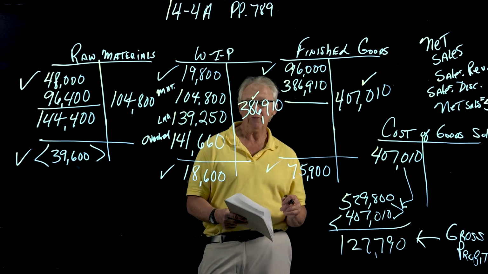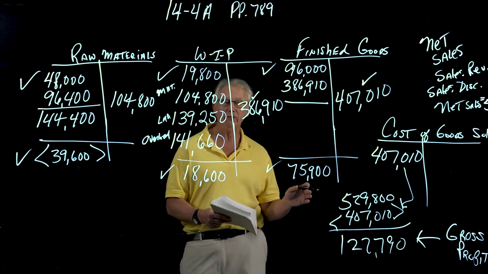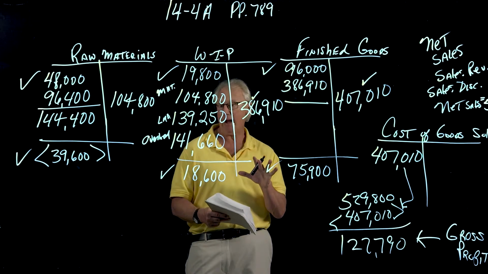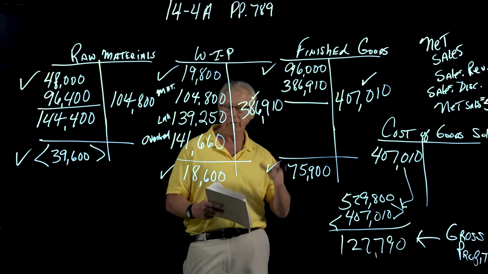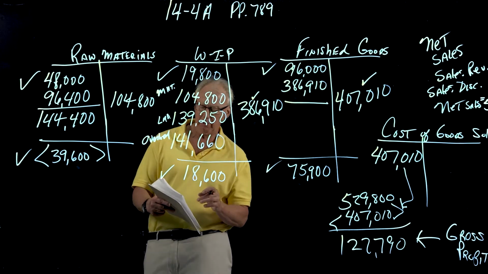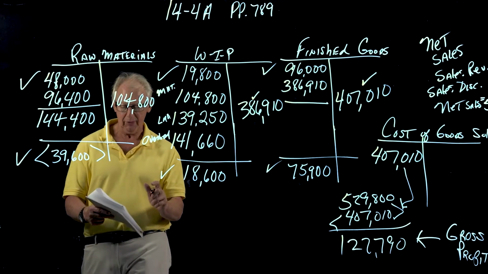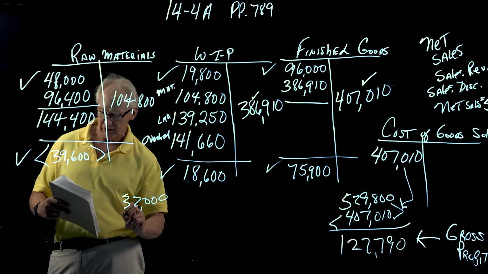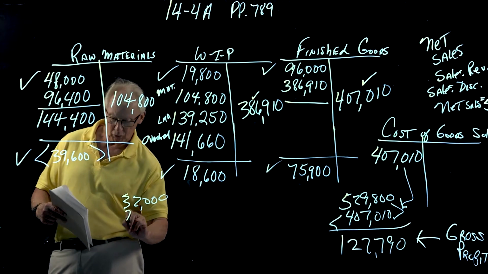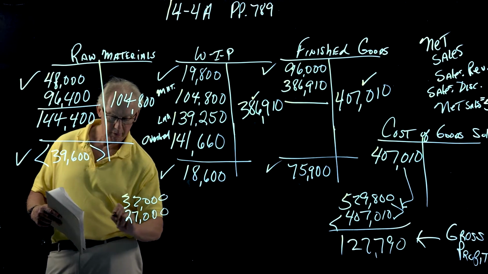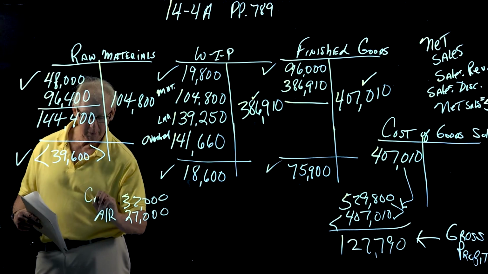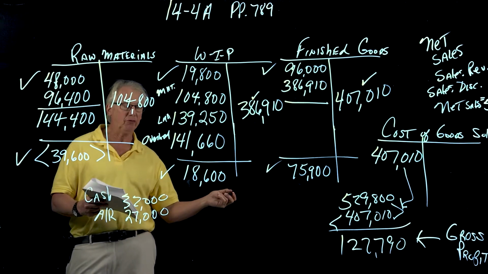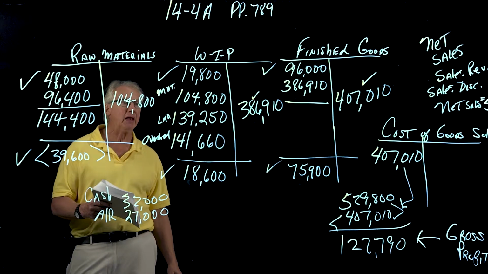Now, the last thing they're asking for is the balance sheet accounts and what the ending balances should look like. Let's look for our assets. If we look at the information they give us in the problem, we have cash at 32,000. That's an asset. We have accounts receivable at 27,000. And then we have inventories. What do we have for an inventory balance?